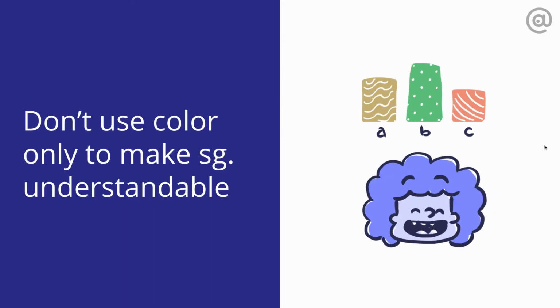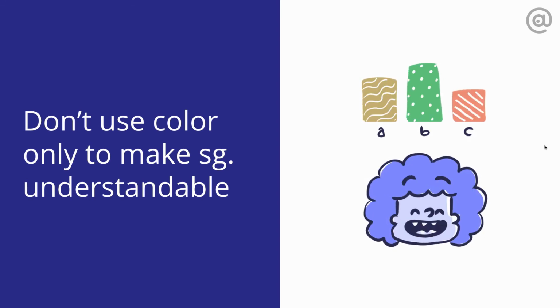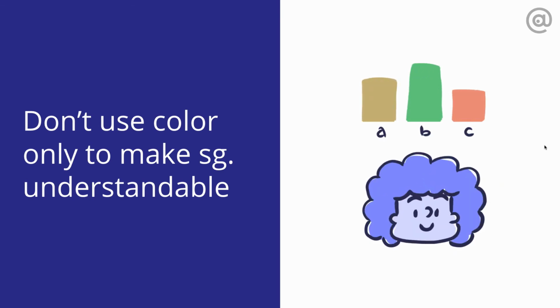One other important thing with color is that you shouldn't use color only to make something understandable. So, for example, when you have a chart, you need to add labels to it, or maybe even add a pattern to the chart bars, because this is what will make it easier for people with disabilities to understand your illustration.